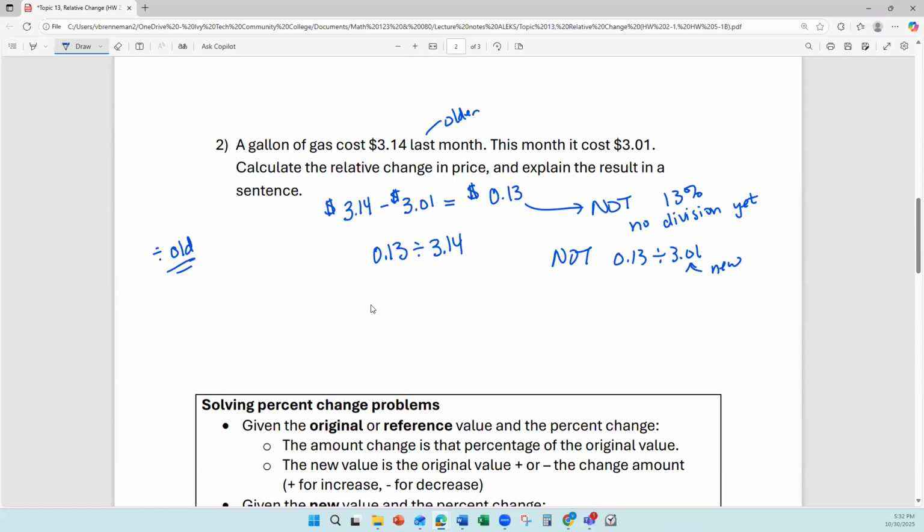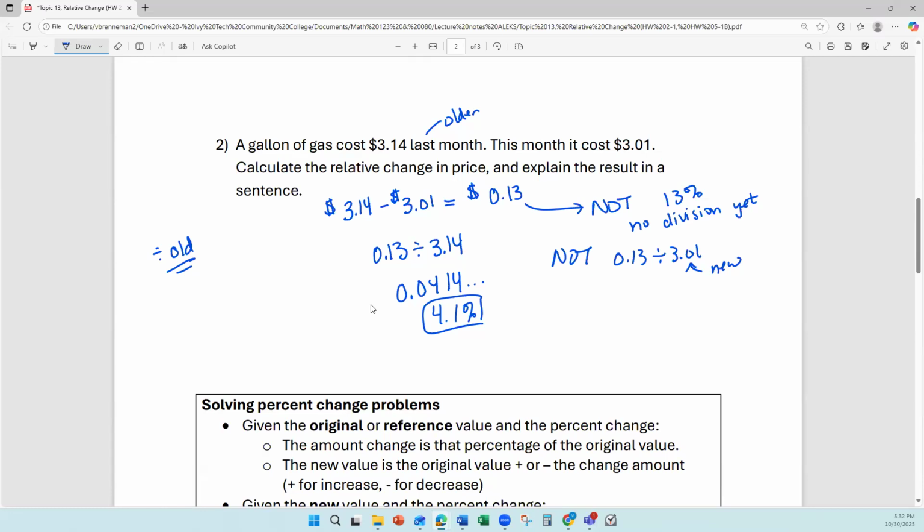So 0.13 divided by 3.14 is 0.0414, etc. We're going to convert to percent form, so let's say 4.1%. What this means is it went from 3.14 to 3.01. It's a decrease here.